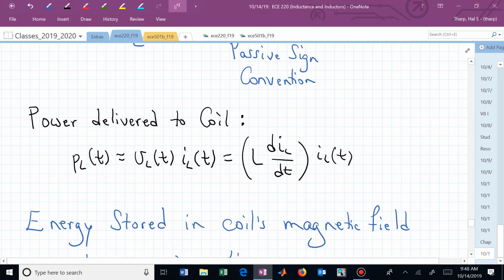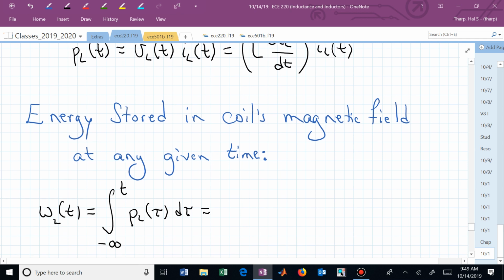Once we have this expression for power, we can integrate that to find the energy. Power is the time rate of change of energy. Energy we can now find by integrating this power with respect to time.